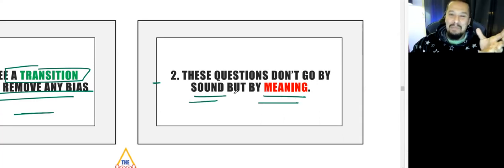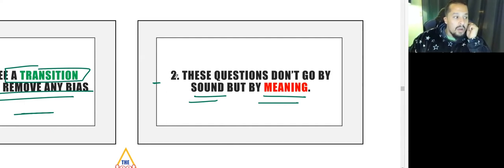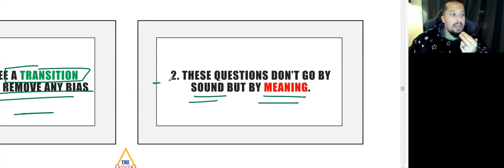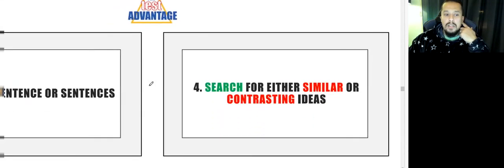And this is a really annoying part. You don't choose an answer based on how it sounds. That's not what we do. When we choose a transition, it needs to go by what the meaning of that transition is and how that meaning affects the sentence. So never go by what it sounds like. You always go by the actual meaning itself.